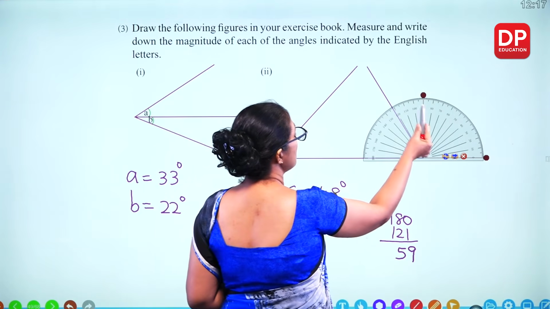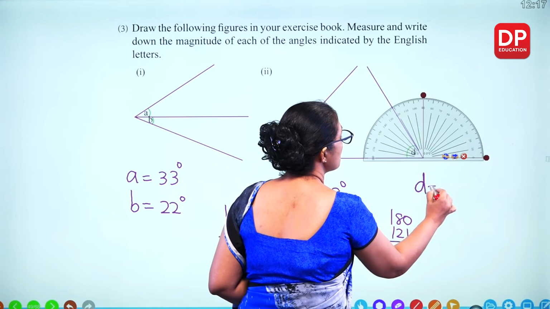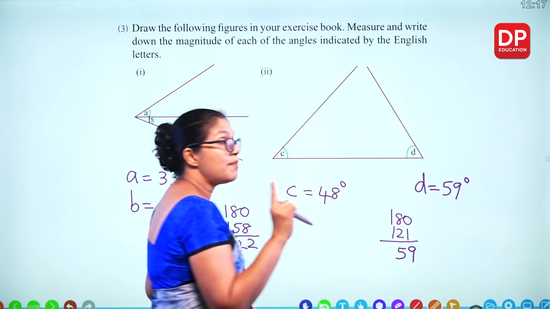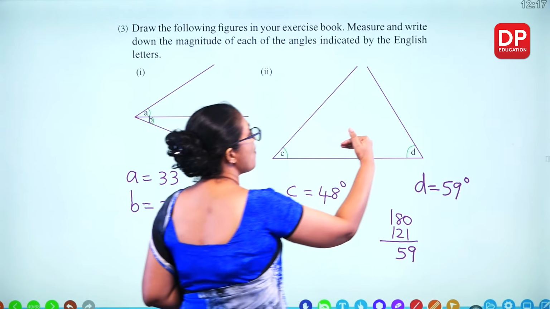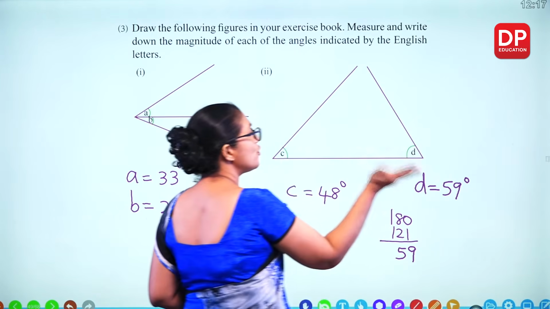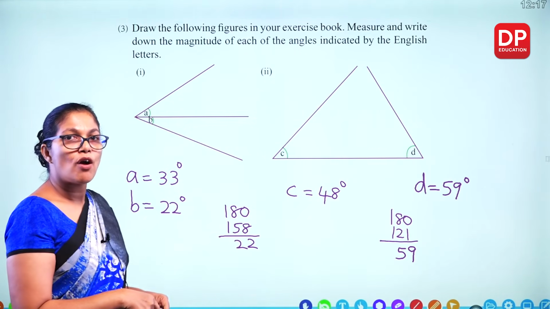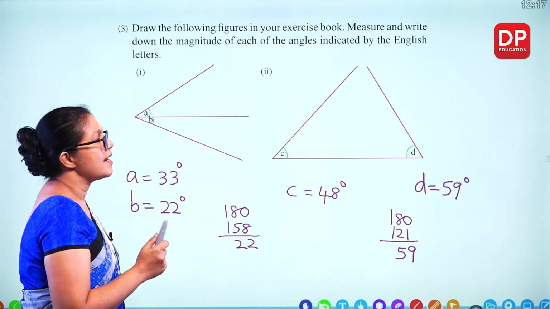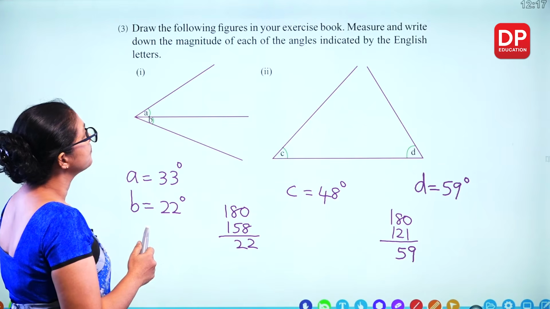So here to here, D is 59 degrees. You can easily measure from your protractor. Both ways you can measure, anticlockwise or clockwise. So D is an acute angle.